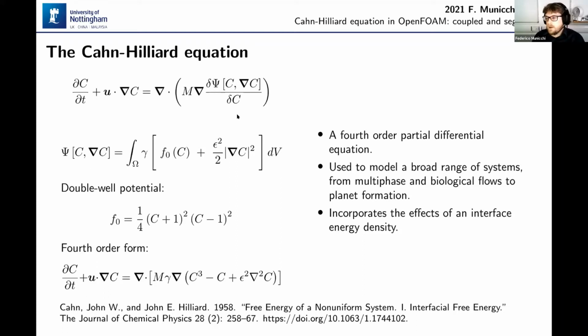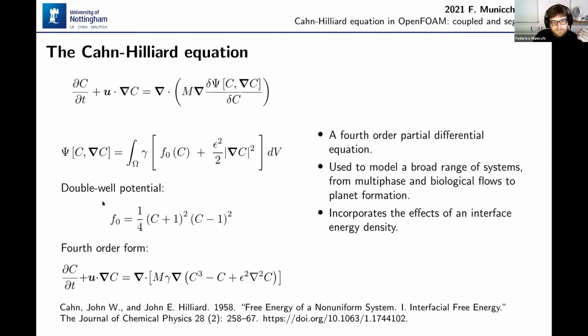So the derivative of the free energy with respect to this C field, which is normally called the order parameter, which doesn't necessarily vary between 0 and 1, it can vary between -1 and 1, or between other values. The bounds of this field normally represent different states, different phases. But the concept of phase in phase field is a bit broader than how we normally think of it in multiphase flows.